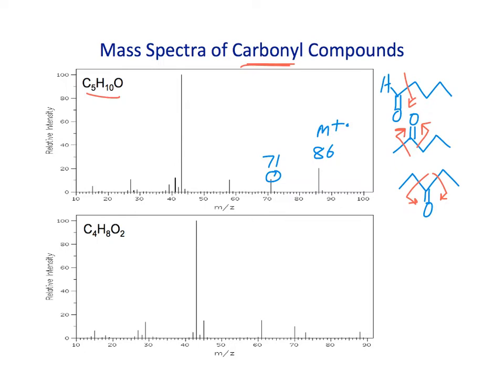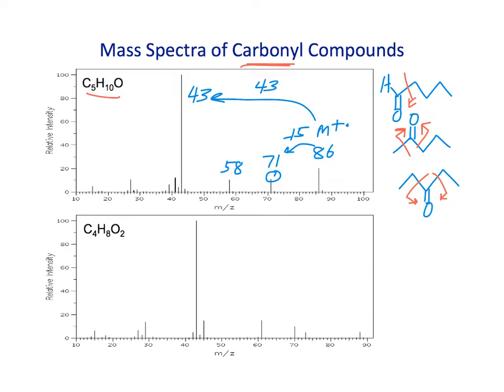All right, so here are the possibilities. We're seeing 86, we're seeing 71, we're also seeing 58 and 43. This is going to be minus 15, and this one's going to be minus 43.